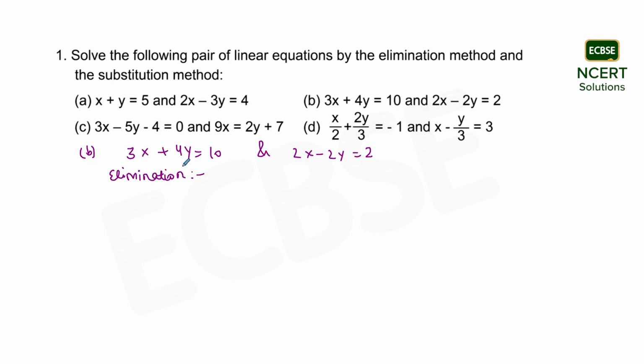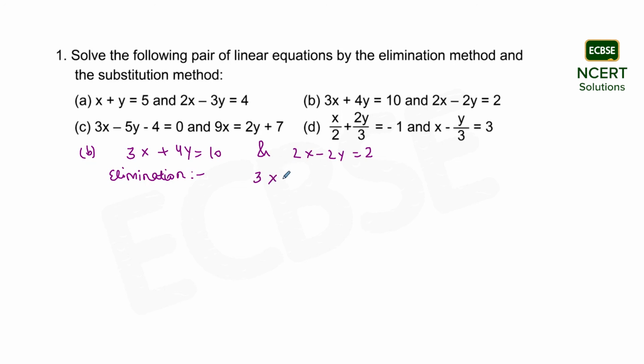Suppose in this case we are targeting the variable y. We observe that the coefficient of variable y in the first equation is 4, while in the second equation it is 2. So in order to make the coefficient the same in both the equations, we multiply both sides of the second equation by the number 2, so that the coefficient of variable y will also become equal to 4.